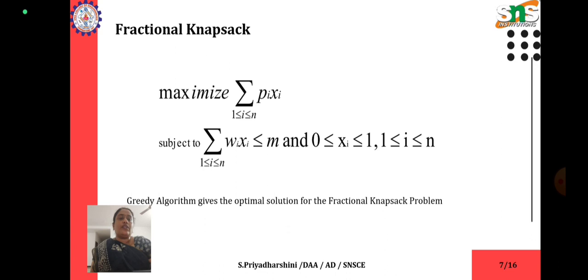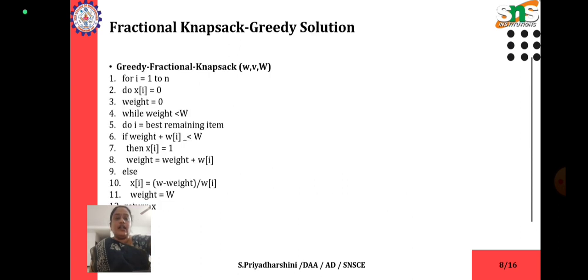So the greedy algorithm gives the optimal solution for the fractional knapsack problem. Let's see the algorithm. For i equal to 1 to n, do x of i equal to 0, and weight equal to 0.